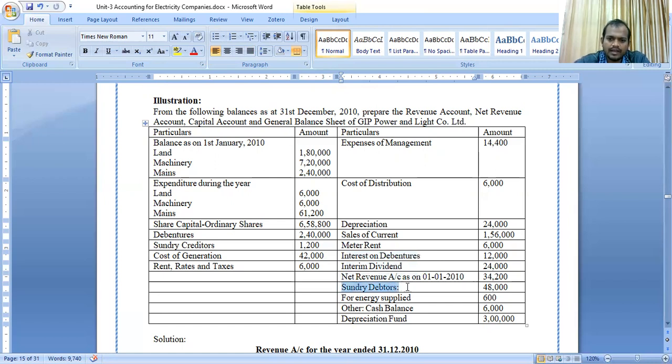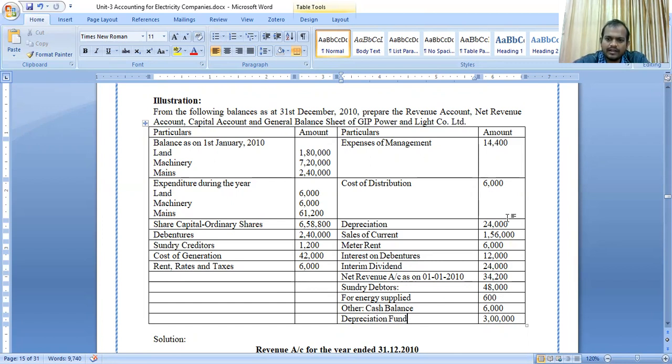Sundry debtors, current asset, so general balance sheet, asset side. Energy supplied, it is also other current assets; other cash balances, current assets, general balance sheet. Depreciation fund account, we have to show it in the liability side of the general balance sheet, because we are not going to deduct the depreciation directly from the fixed assets.